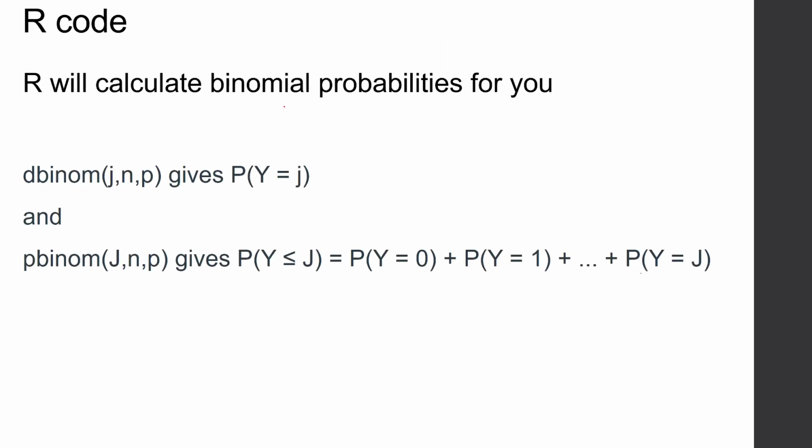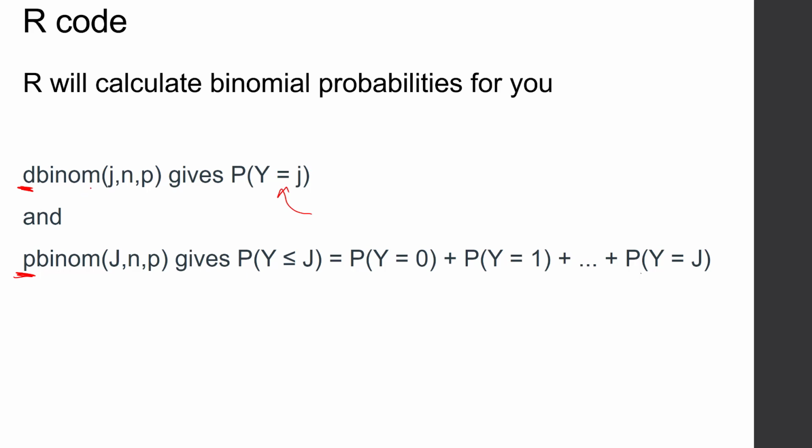Okay, so as promised, R is going to calculate binomial probabilities for us. So let's pay attention to these functions. In R, for our probability distributions, we're going to have our D functions and our P functions. So the binomial ones are dbinom and pbinom. The D functions in R calculate the probability of being exactly equal to a single value.